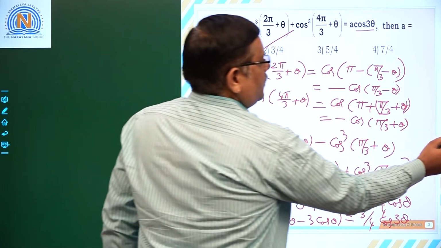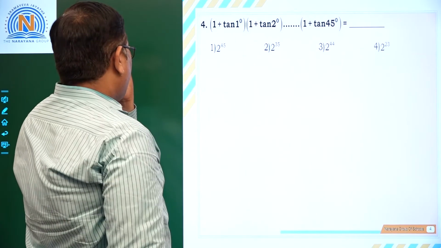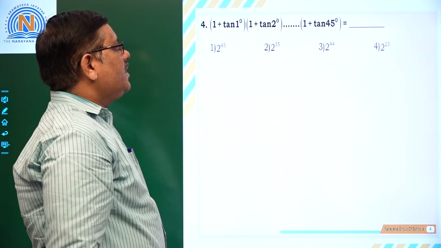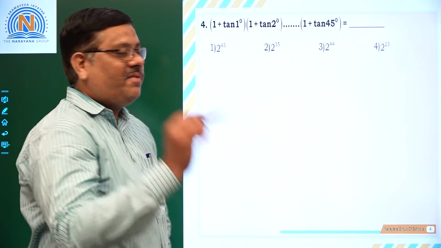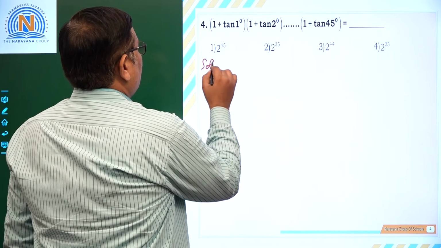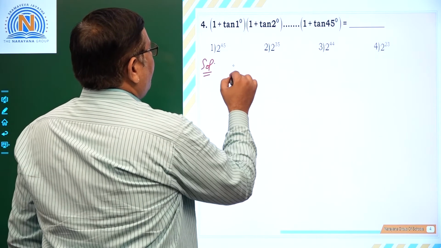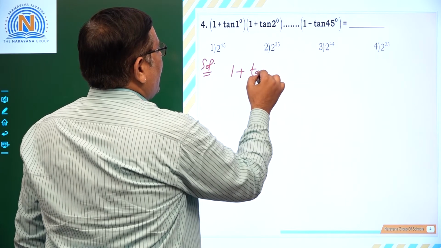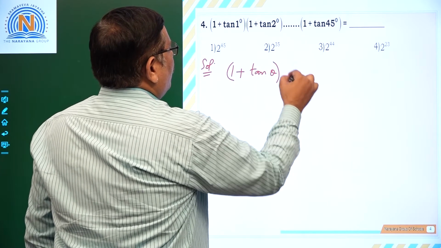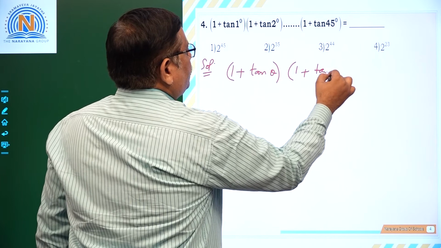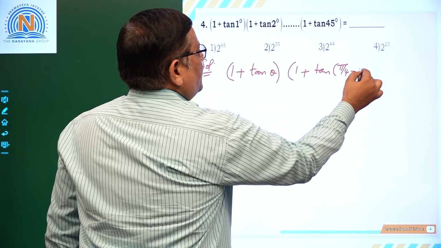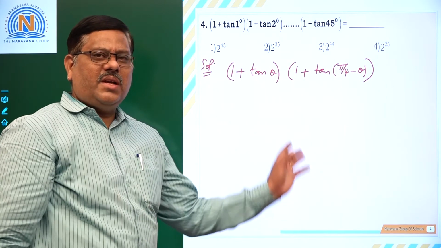Let us take the next question. 1 plus tan 1 degree into 1 plus tan 2 degrees, and so on, up to 1 plus tan 45 degrees. Let us suppose we have something like 1 plus tan theta into 1 plus tan of pi by 4 minus theta, or 45 degrees minus theta. What is the result?